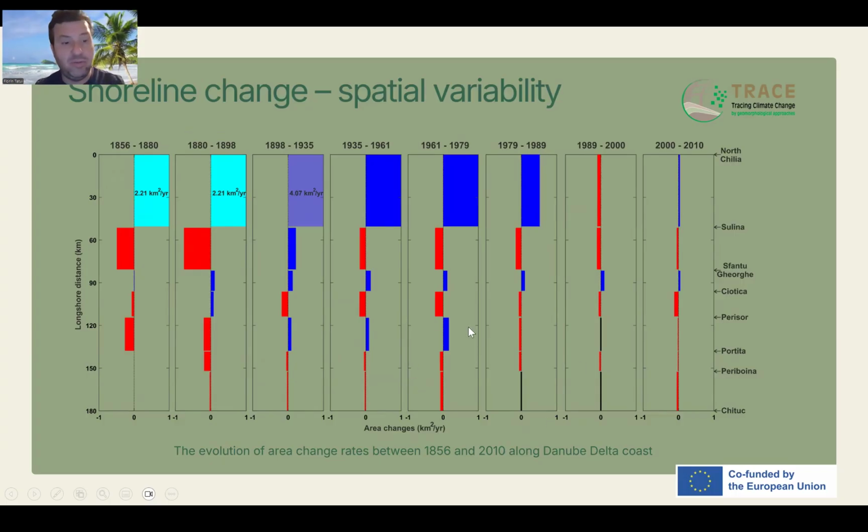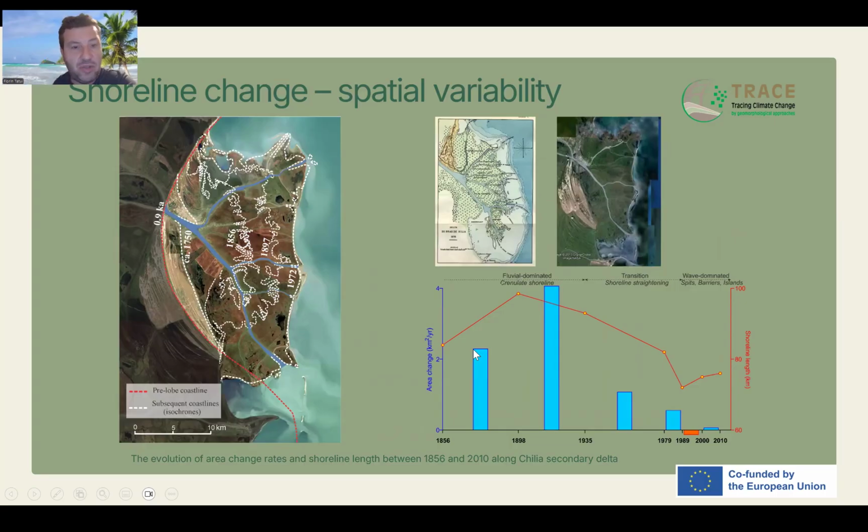I will not go into details. If you are curious, you can find details about this in the references. Also, here is a visual representation for Kilia Lobe. You can see the shoreline estimated for 7050, and you can see this expansion of Kilia Lobe.